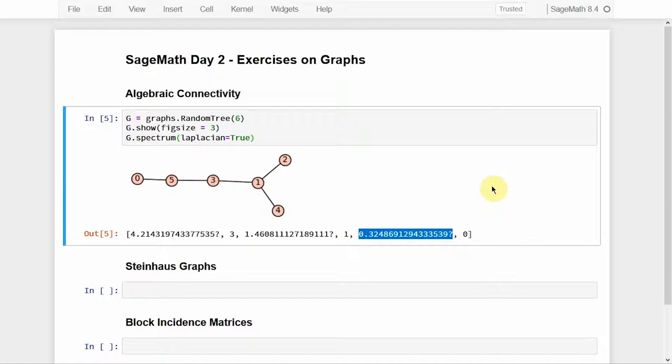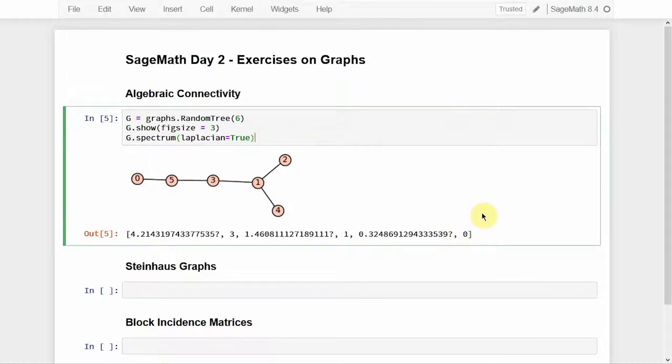So lots of theoretical studies have been done. You can read the papers. So how to find the algebraic connectivity of a graph? Get the Laplacian spectrum and find the second smallest eigenvalue. Again, if it is not connected, that is 0 itself. You don't count distinct eigenvalues. Take all the eigenvalues and then find the second smallest one.